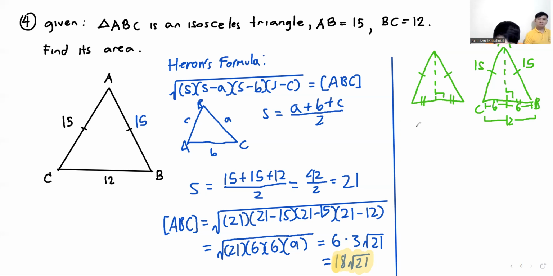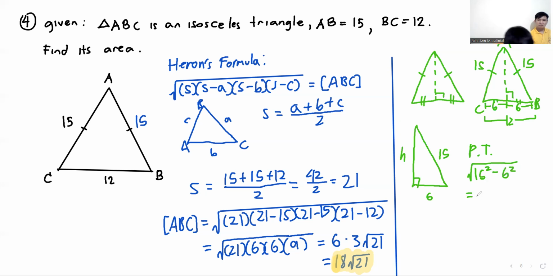Again, there's a secret right triangle hiding: 6, 15, and the altitude. Let's call this h. By the Pythagorean theorem, h is equal to the square root of 15 squared minus 6 squared. So h is equal to 3 square root of 21.